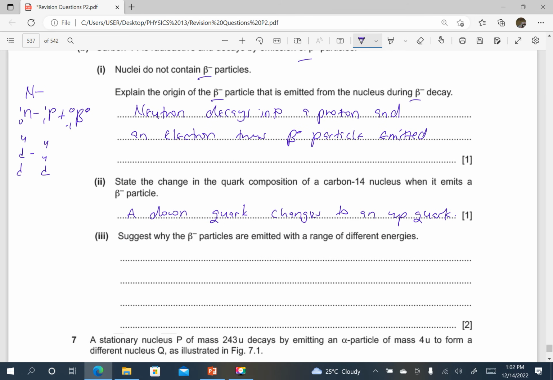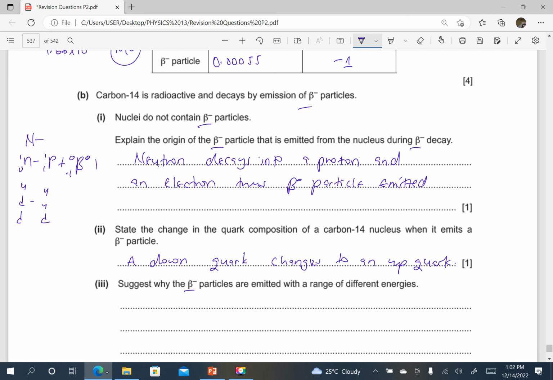Suggest why the beta minus particles are emitted with a range of different energies. We have already seen this. When beta minus is emitted, this is an electron, it is accompanied by an antineutrino.